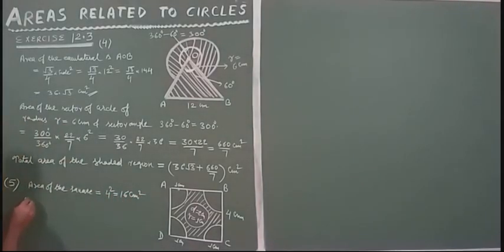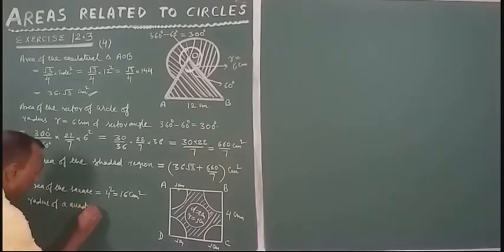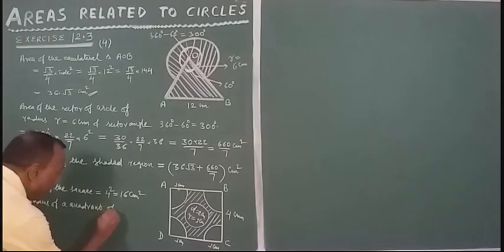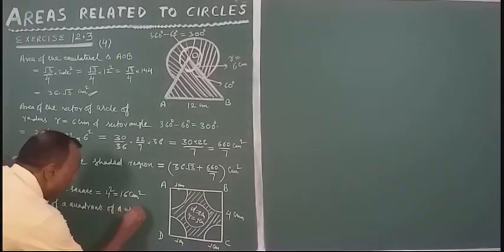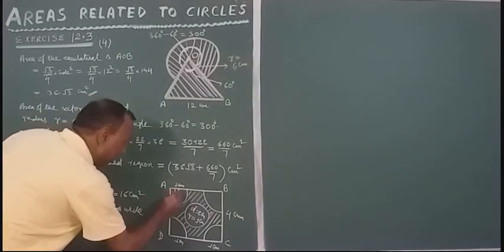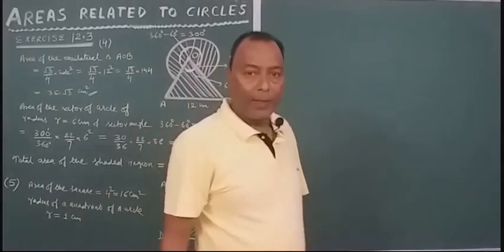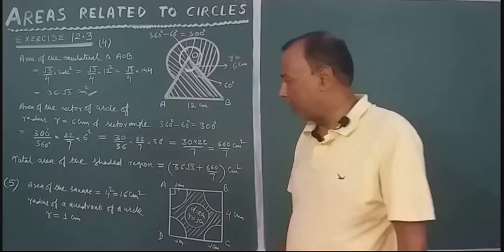Now radius of a quadrant of a circle, that r is given 1 centimeter. Quadrant means this angle is 90 degree, a sector of 90 degree. A sector of 90 degree of a circle is known as quadrant.